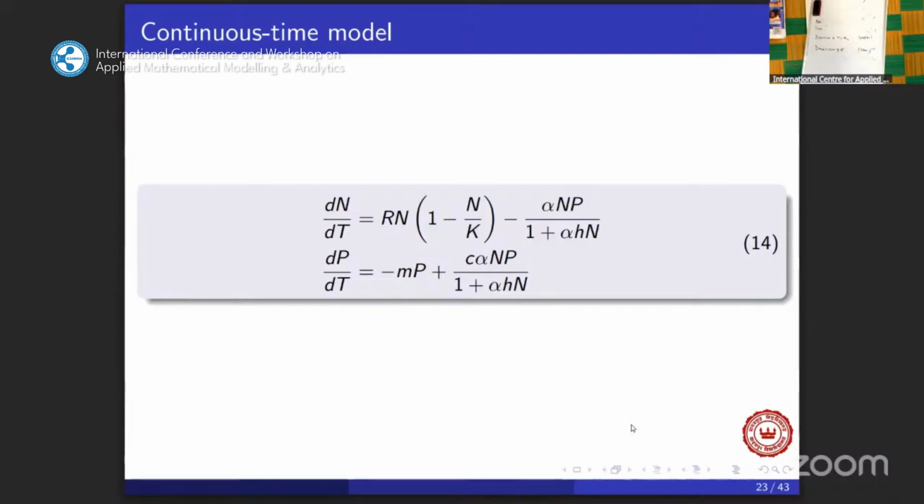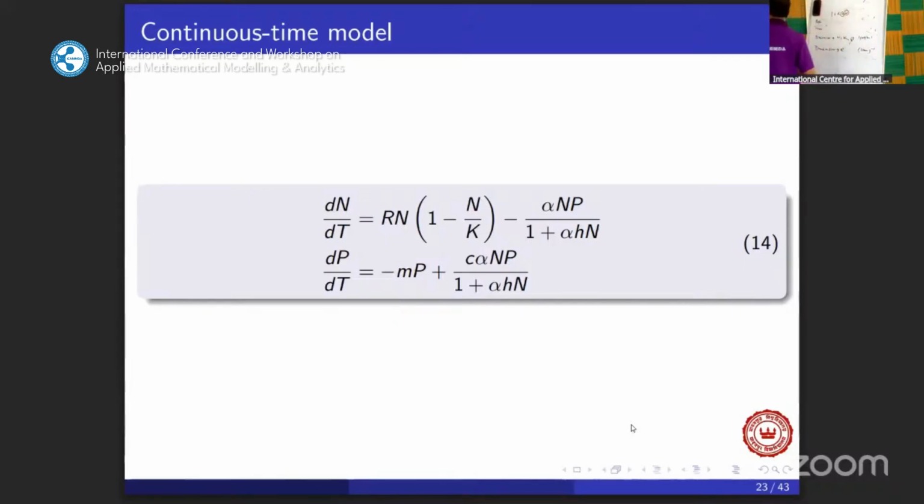So we get population squared on the upper side, and P is population and C. On the lower side, this is 1 plus alpha HN. N is population. So what will happen?